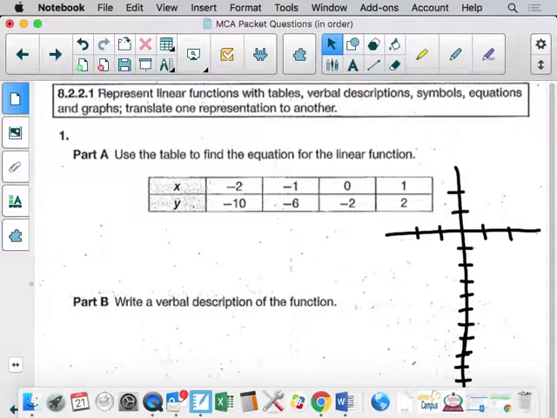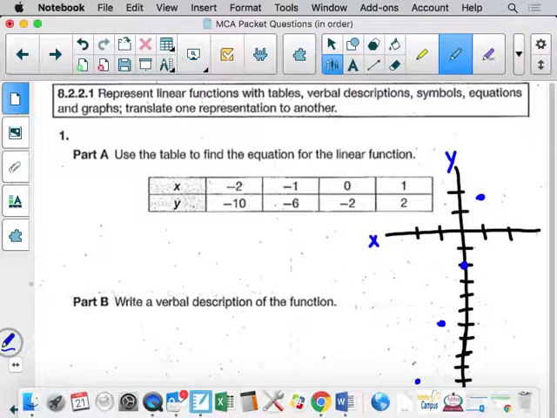My first ordered pair in the table is -2, -10. The second one is -1, -6. Remember that you need to graph your x-coordinate first, so you go across first for the x-axis. My third ordered pair is 0, -2, and the fourth one is 1, 2.